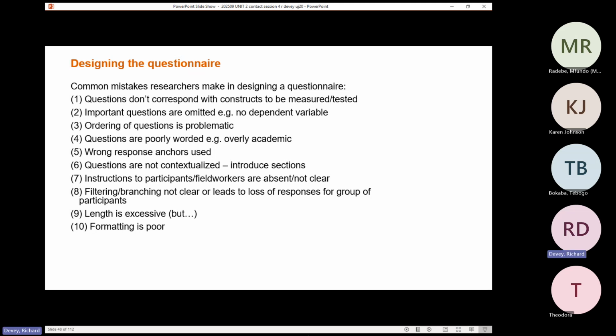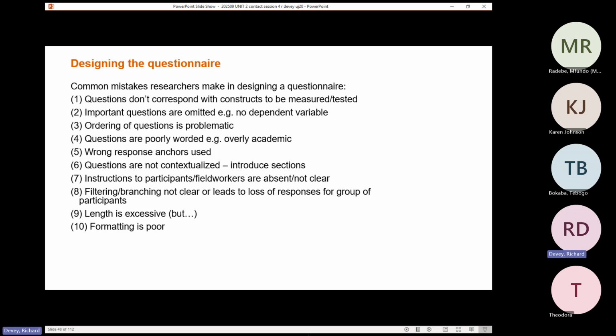So if you're covering biographical questions, have a heading there, and then a brief introduction letting the person know that section is going to be biographical questions, and that they must just choose the response option which is best suited or most appropriate for them.